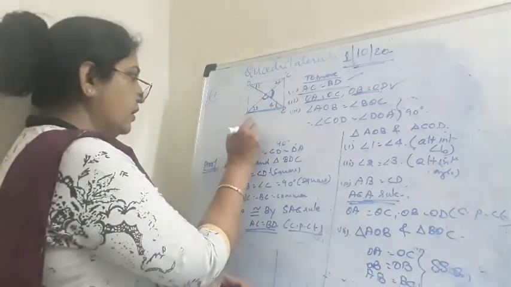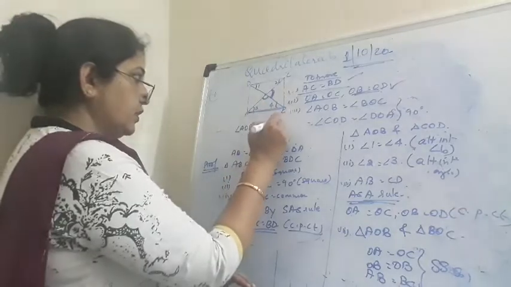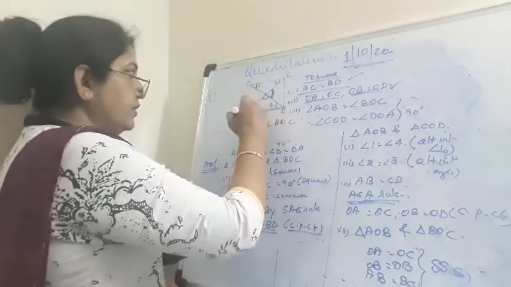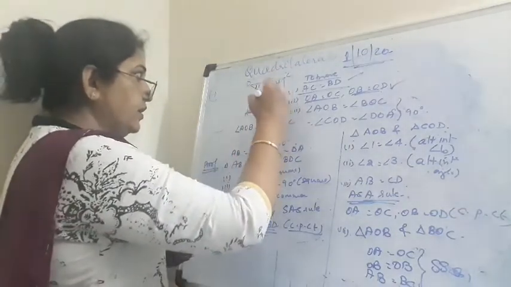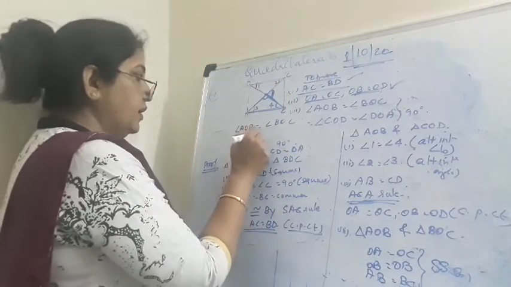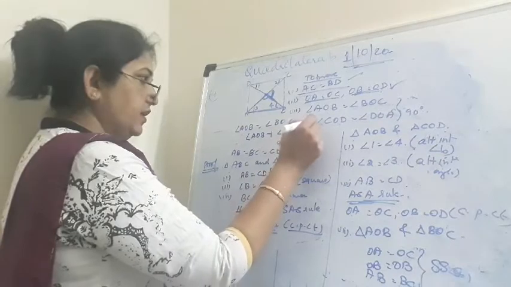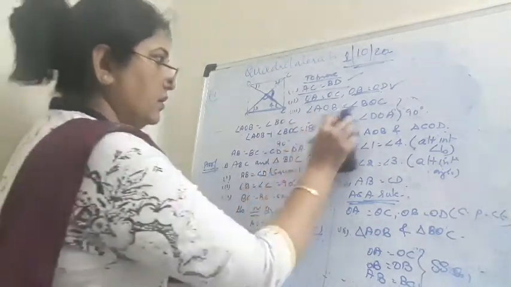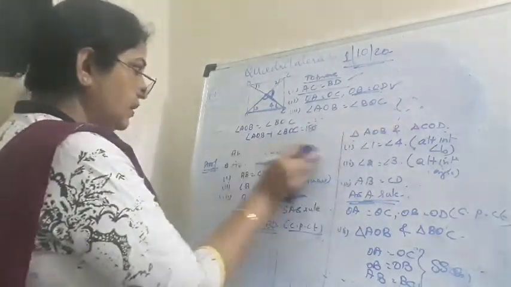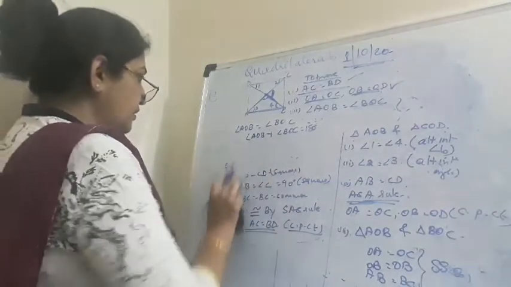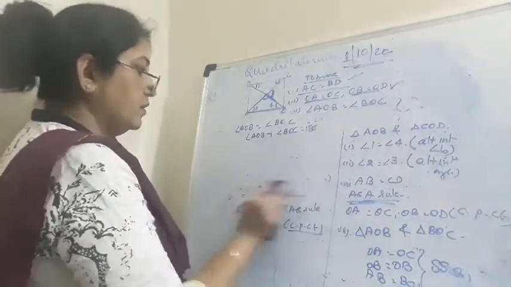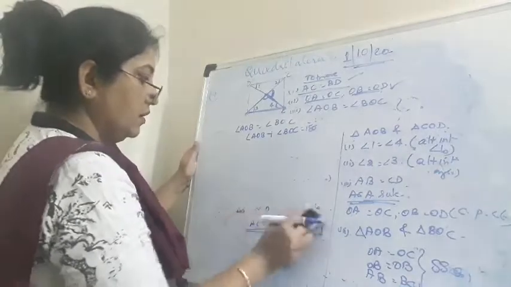Angle AOB is equal to angle BOC. Now you know that this line forms a linear pair. So angle AOB plus angle BOC is equal to 180 degrees.